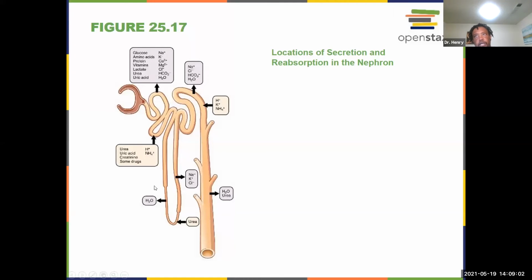As we go down further, we're going to absorb water, then secrete urea, then absorb the sodium ion, potassium ion, and chloride ion. Up here we get more absorption, here we get some secretion, and in the last part we get absorption of water and urea.